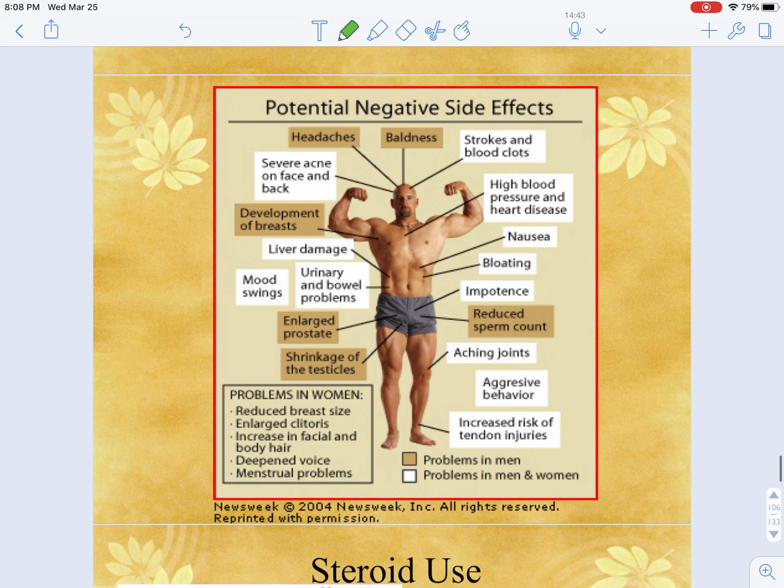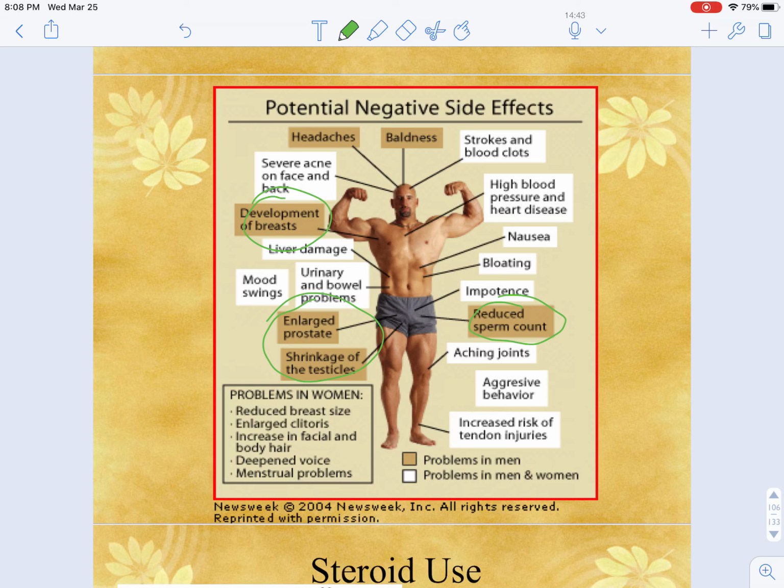The only other part of this is looking at the negative side effects of taking synthetic testosterone in males. We see that the problems in men are in this brown color here: less sperm count, for example, and breast development, enlarged prostate, and shrinkage of testes.